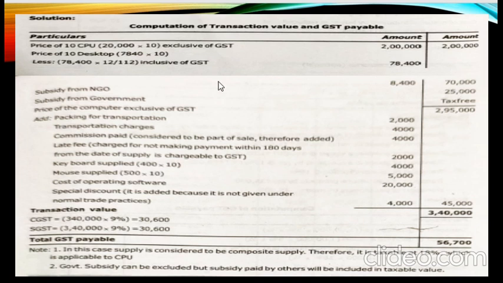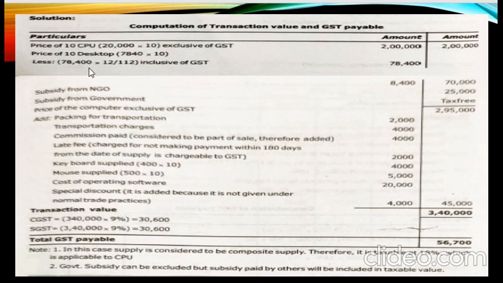So how do you find out profit and cost? In the same way, here they have found out the value of GST separately and then subtracted it. Instead of that, you can directly find out the value of the asset excluding GST.